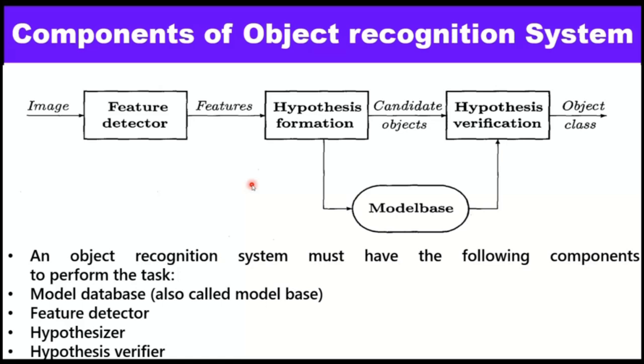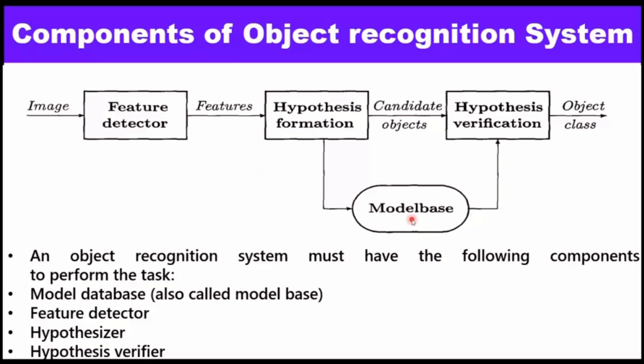Now how does this process go on? In the first run, we collect all features and store them in the model database. This is our first run, that is, system establishment.